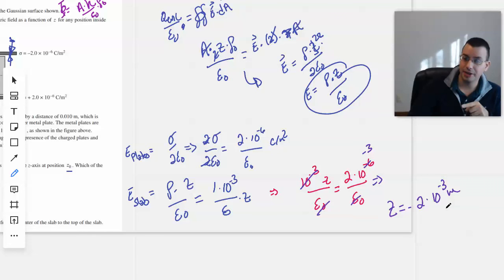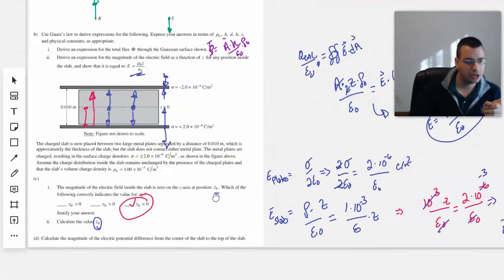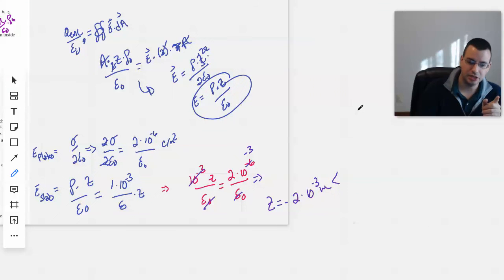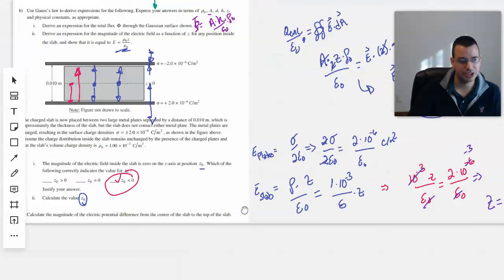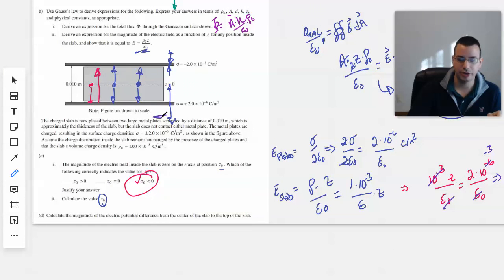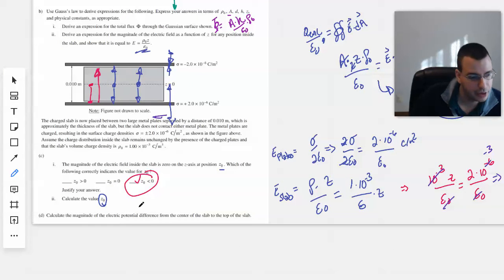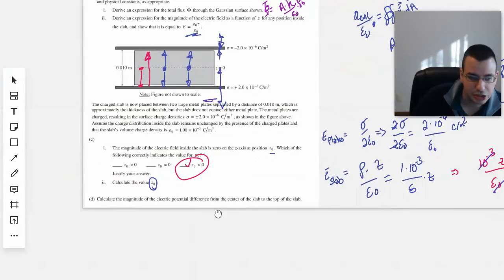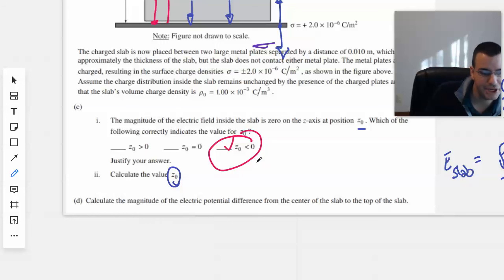That's 2 millimeters. Okay. Which is less than 1 times 10 to the negative second meters. Which makes sense, because if we got that the z point had to be out here somewhere, then we'd know we were wrong. So I'm going to say that z is 2 times 10 to the negative third meters.